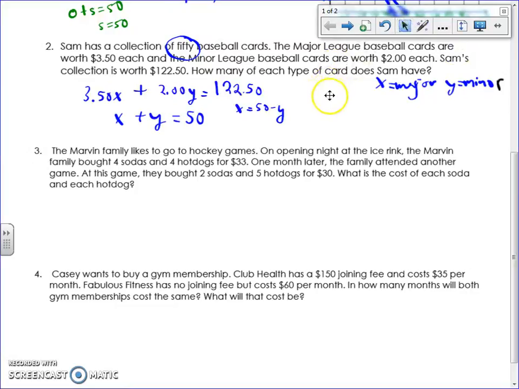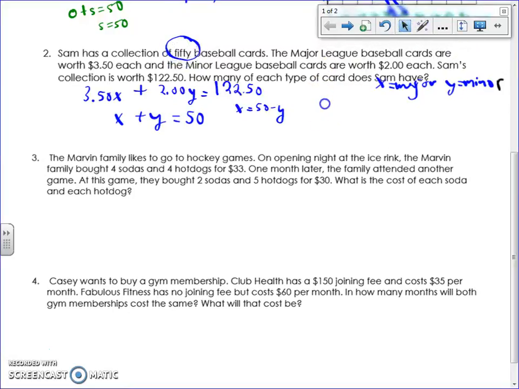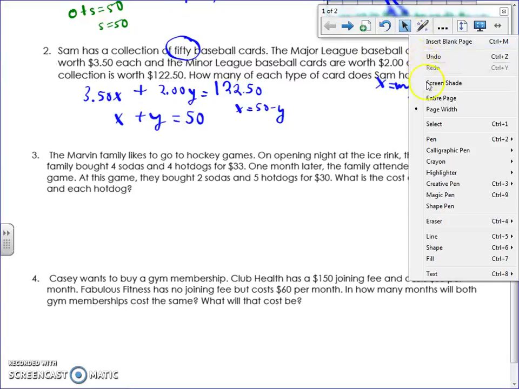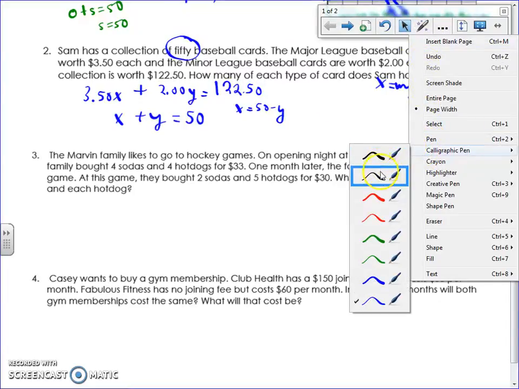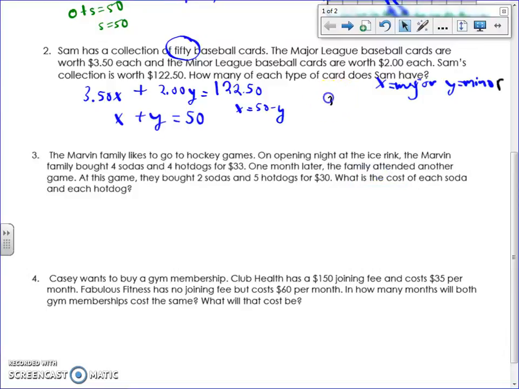So when I do that, I'm going to get 3.50 times 50 minus y plus 2y equals 122.50. And when I multiply that, I get 175 minus 3.50y plus 2y equals 122.50.